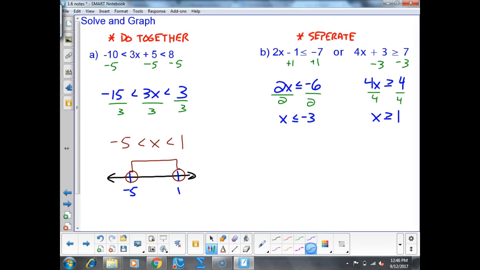So my answer then would be x is less than or equal to negative 3, or x is greater than or equal to 1.